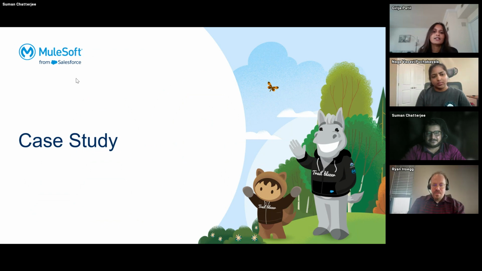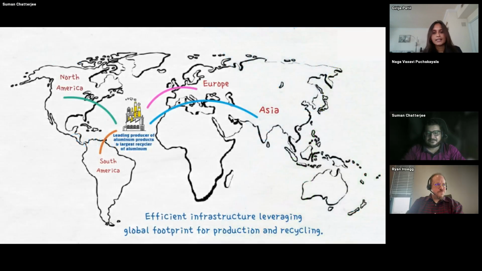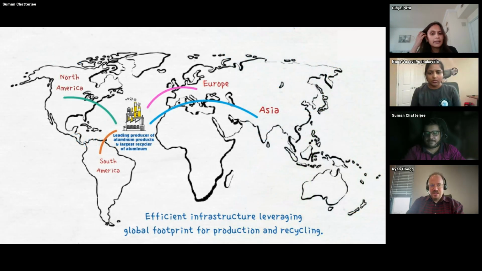As Suman was saying, we come with a lot of experience of Tibco to Mule migration. It can be a small, medium, or large scale business. The one we have chosen today to explain is a major player in the aluminum industry. This customer is the world's largest recycler of aluminium, and they produce large aluminium products.